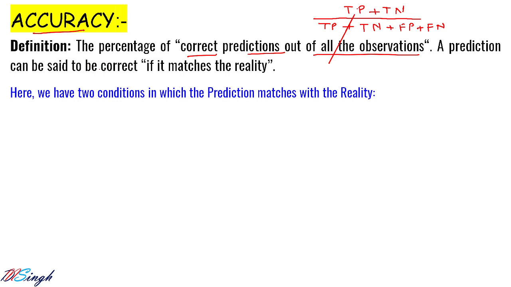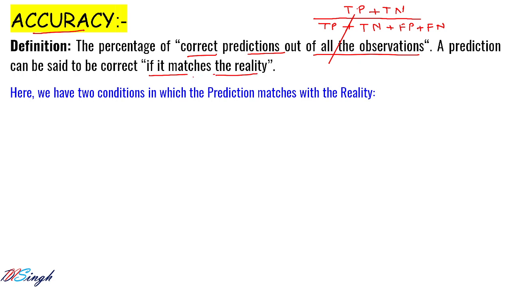So again we will read the definition. The percentage of correct predictions out of all observations is called what? Accuracy. Read it 3, 4, 5 times so that you can understand it properly. Correct prediction out of all observations is called accuracy for any AI model. The prediction can be said to be correct if it matches with the reality.